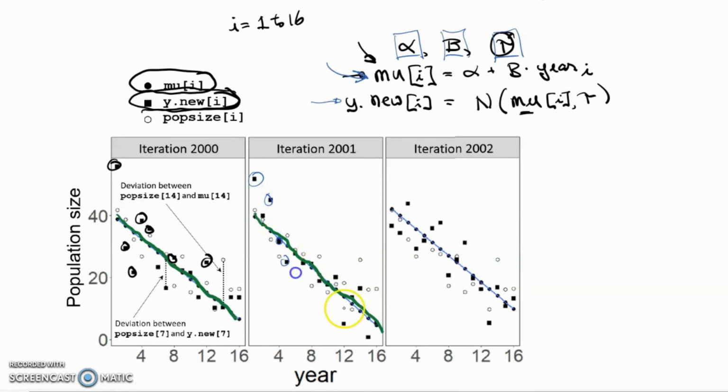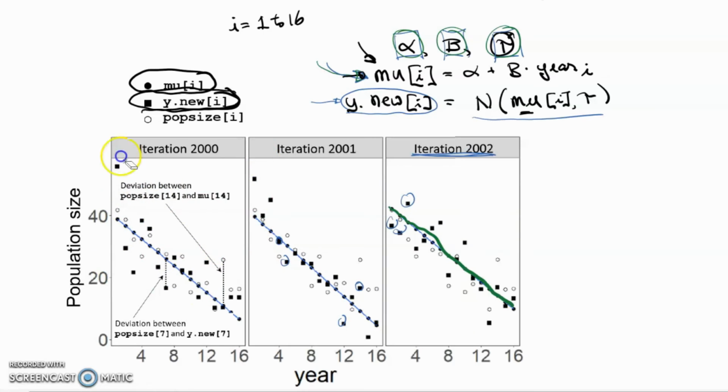There they are. And then we're going to move on to iteration 2002. Repeat the process. New values of alpha, beta, and tau. Consequently, we'll have different values of mu i, a slightly different slope. And then we'll generate a series of y new i values like this. There they are.